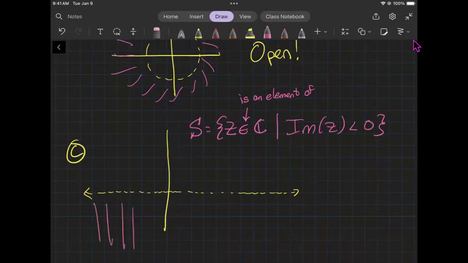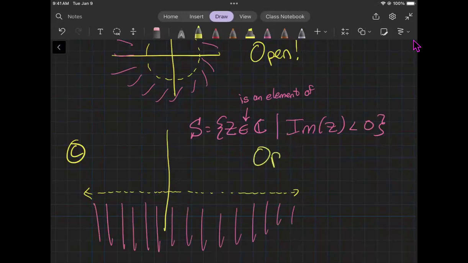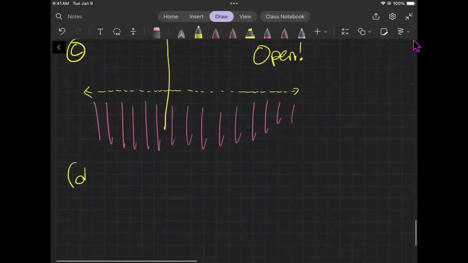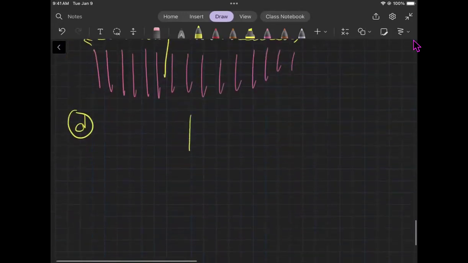So we're looking at these points down here. So we're not including the real axis in this case, right? So this here is also another example of an open set, right? And then finally, let's say something like this. Okay.